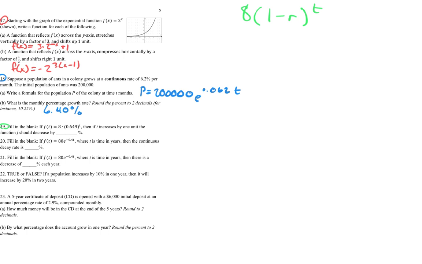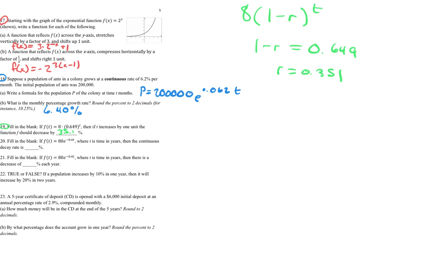So here, let's say 1 minus r equals 0.649. If we solve for r here, we get that r is going to equal 0.351, which means that every time we increase t by 1 unit, our function f should decrease 35.1%. So we're going to say that this decreases by 35.1%.